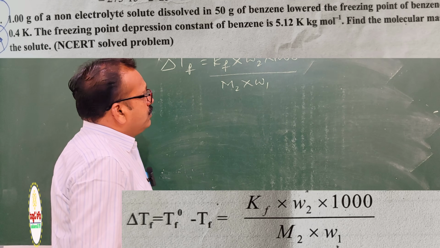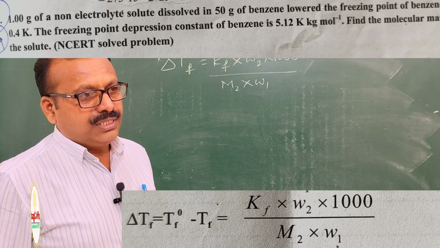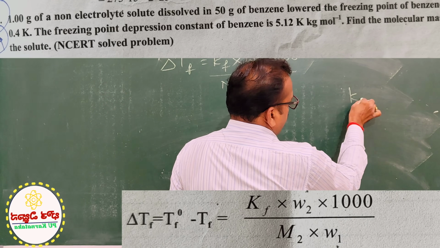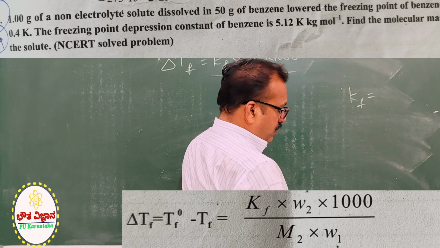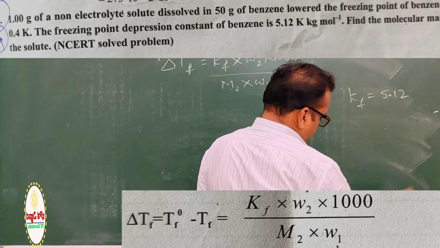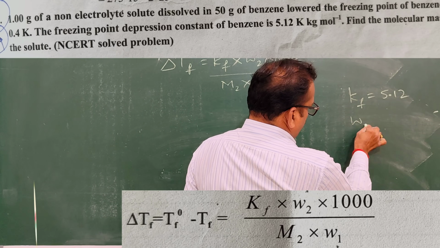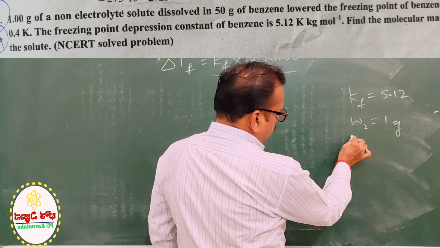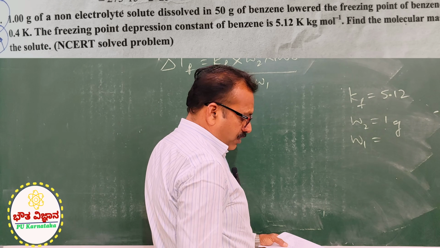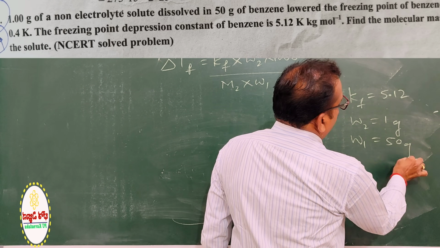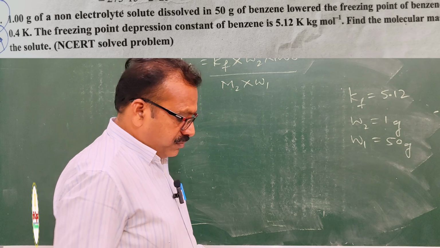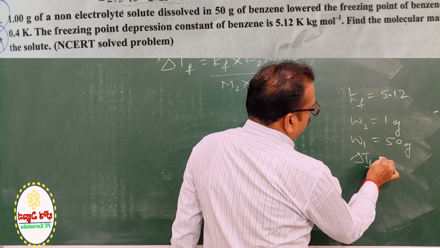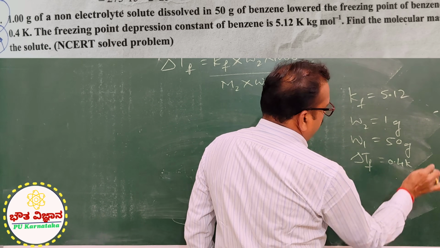W1. So in depression of freezing point, Kf is a constant, they will give the value, Kf value they have given in this problem, that is 5.12. W2 equal to 1 gram of solute they have given, and W1 is weight of solvent they have given 50 gram, and del Tf means difference in freezing point they have given, del Tf value is 0.4 Kelvin, right?